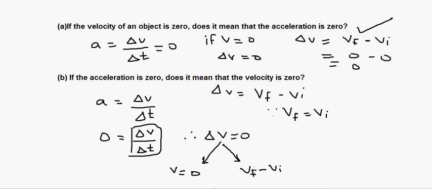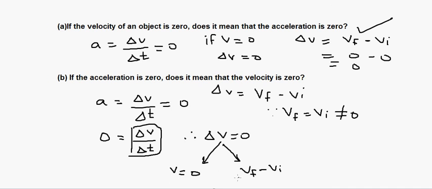Although these two, v final and v initial, are not equal to 0, unlike the previous case, still if vf is equal to vi, then delta v is obviously going to be equal to 0. Hence, the acceleration is going to be equal to 0.